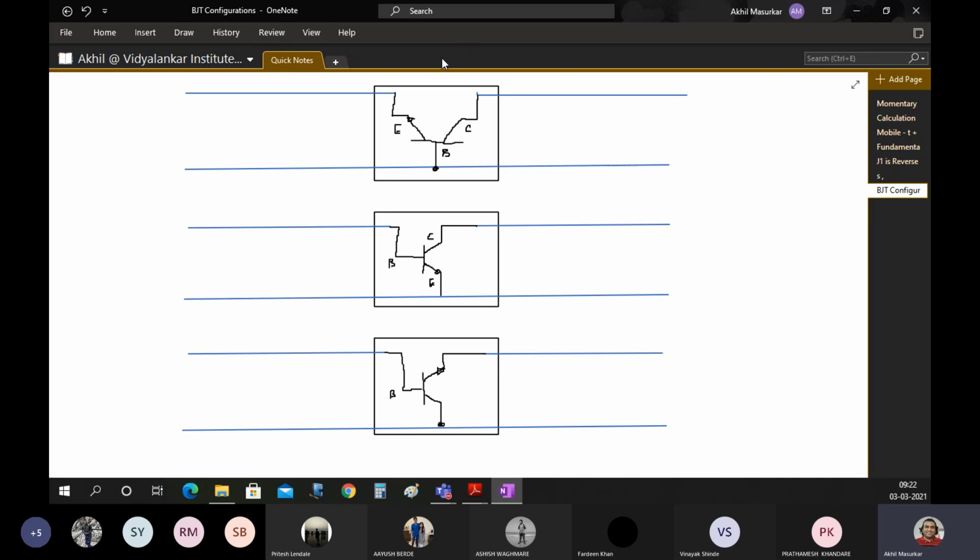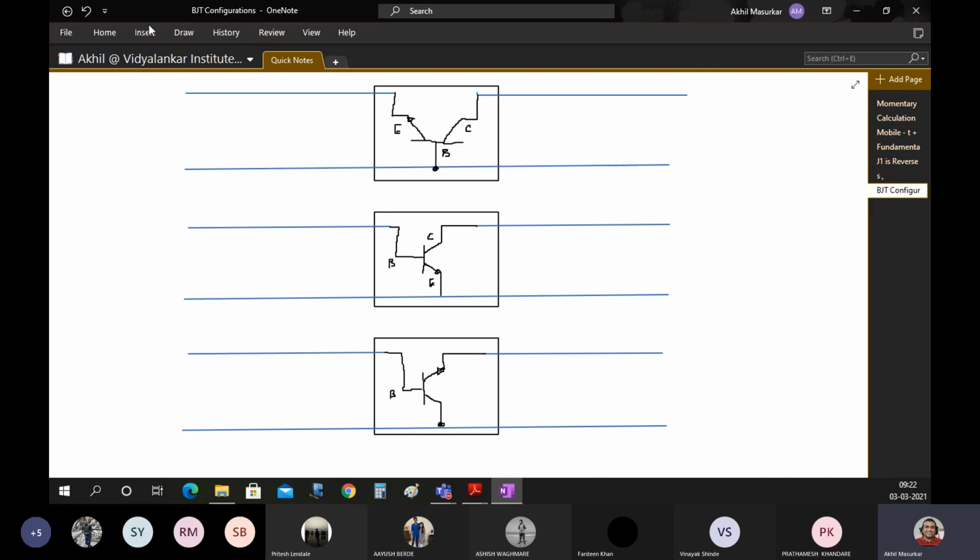Now some very important things in each of the combinations, that is, we need to understand how the directions of the currents are. That is something very important. How to take the directions of the current. So you should always look at the emitter side. So IE is always equal to IC plus IB.